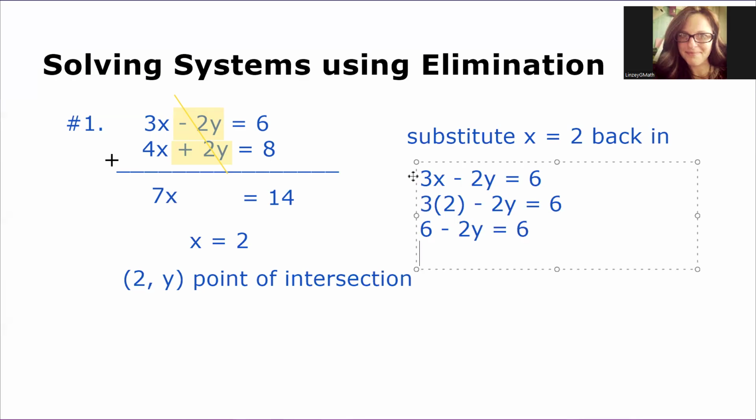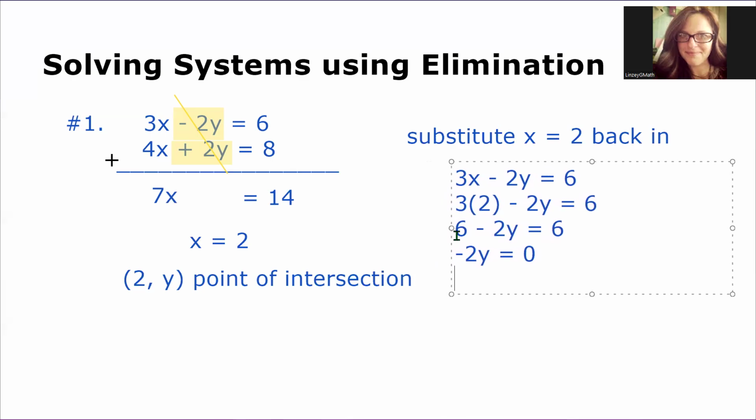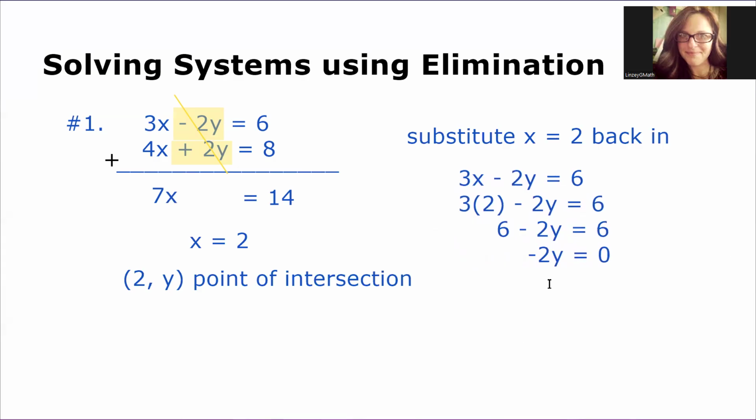We'll subtract 6 and divide by negative 2. And our y coordinate is 0. The solution to this system of equations is the point (2, 0). This is the point where the 2 lines cross, if you were to graph.